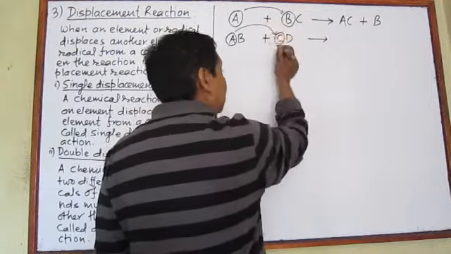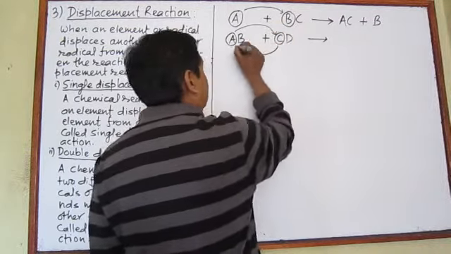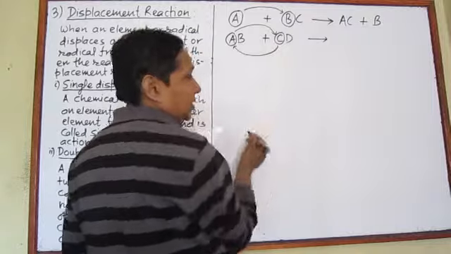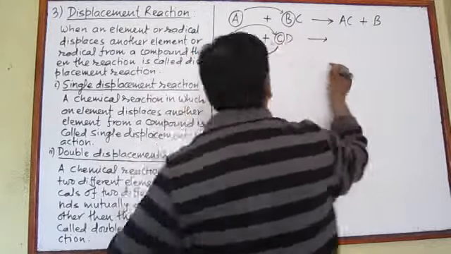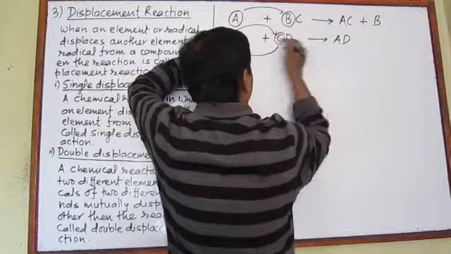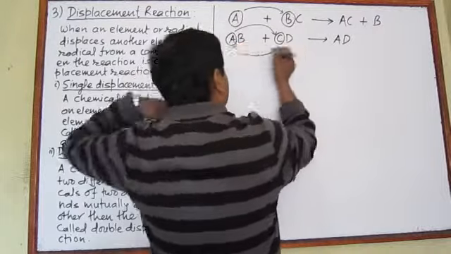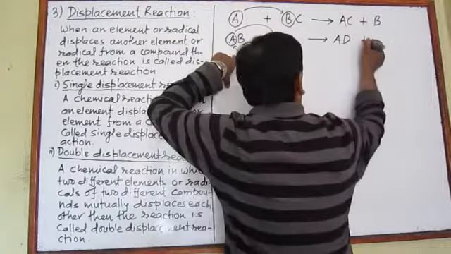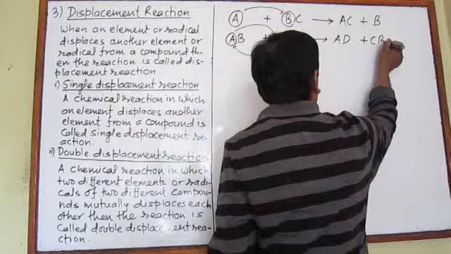At the same time, C also displaces A. It's mutual displacement. Then what happens? Then we'll have a compound AD, because A displaces C and C displaces A. That's why we'll have another compound CB.